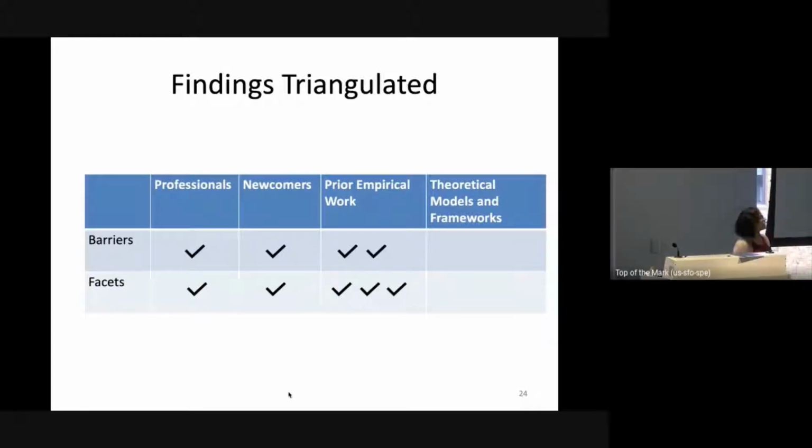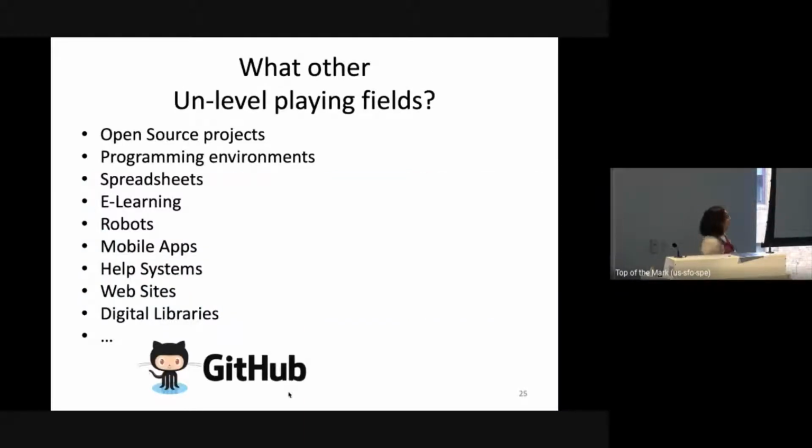We also triangulated with prior empirical work on GenderMag that has found issues with other tools and technologies, and based them down into theoretical models and frameworks, the onboarding literature, as well as the foundations on which GenderMag is built. So what other unlevel playing fields exist? Clearly in open source projects there are.